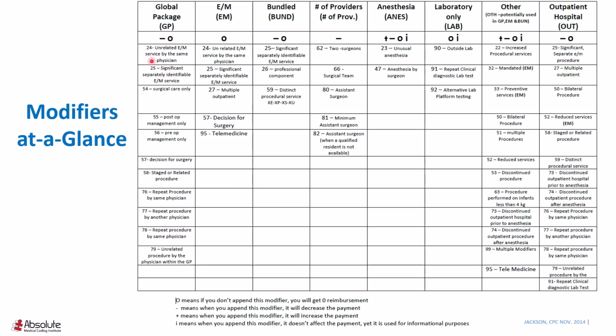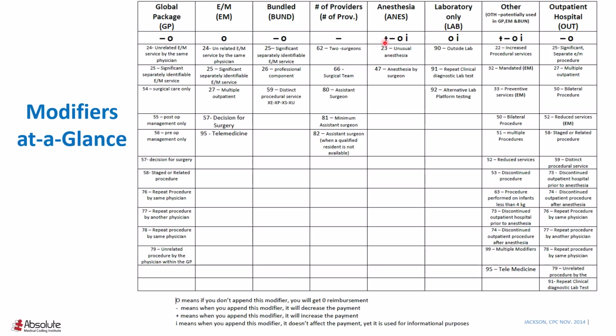If we look at this list, we've categorized either the meaning of the modifier, or you'll see a minus or an O. The O means that if you don't append this modifier, you're going to get zero reimbursement, so that definitely impacts your money. If you do append a minus modifier, it will decrease the payment. You're saying, who would do that? I'm going to show you who's going to use one of these modifiers to decrease the payment, and it's not all, it's just some.